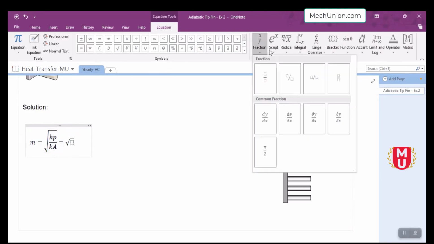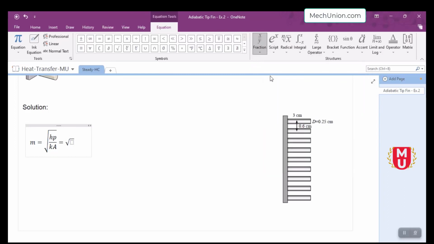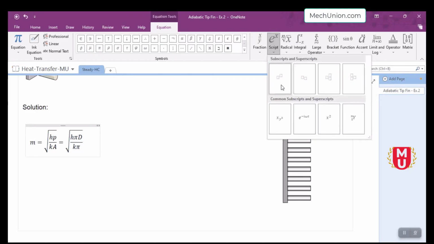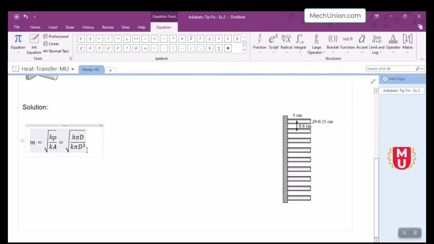The perimeter P equals pi D, where D is our diameter, and A_c equals pi D squared over 4. If we bring it up, it will be the square root of 4h over kD.